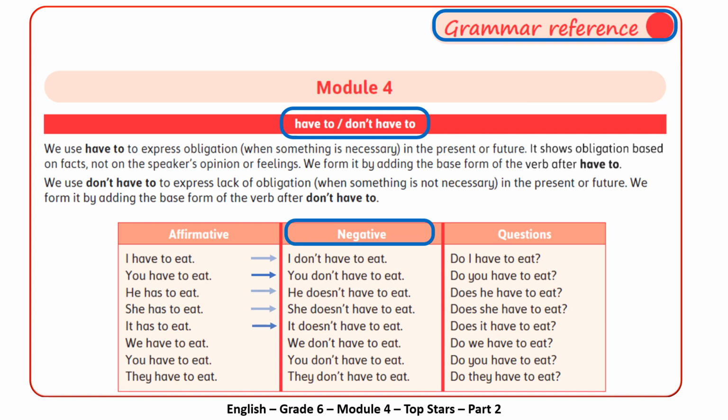It doesn't have to eat. We don't have to eat. You don't have to eat. And the last one, they don't have to eat. If we look at these three sentences again, we notice that we used doesn't followed by have to in case the subject is he, she, or it.